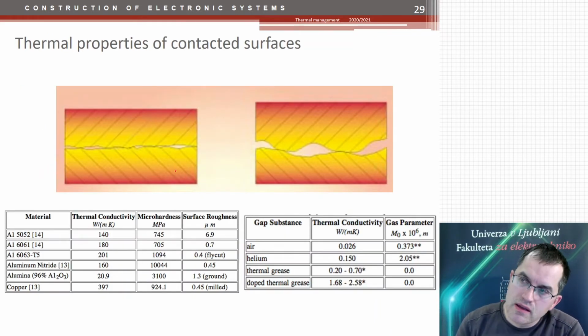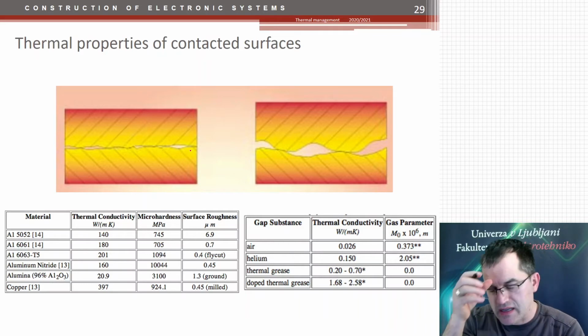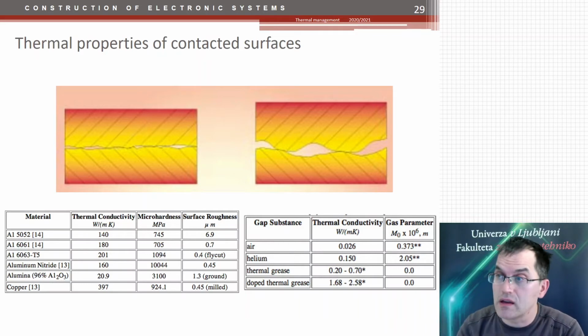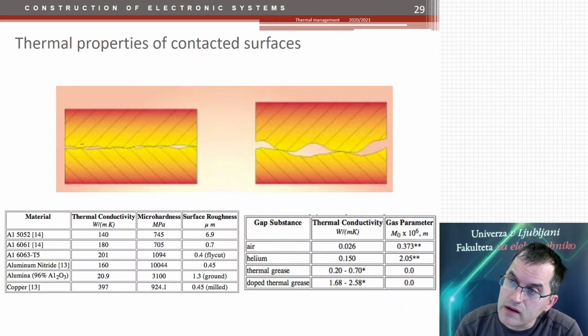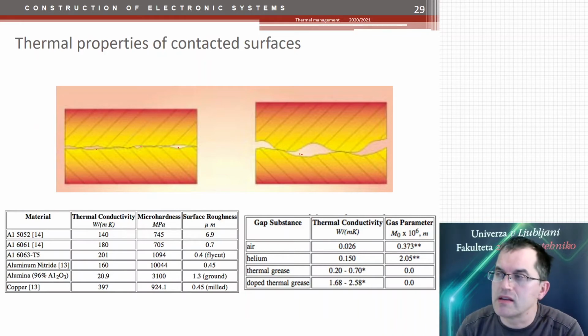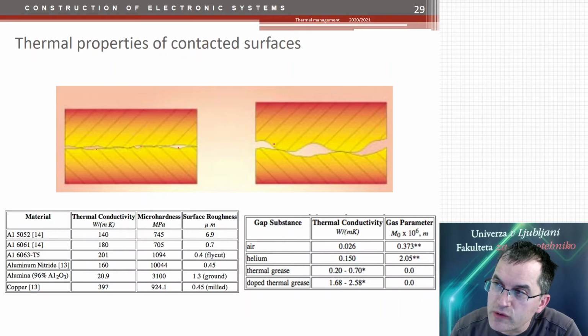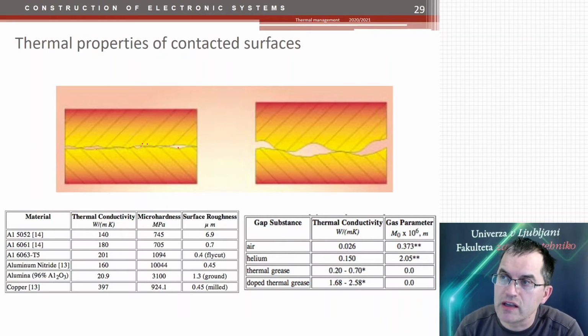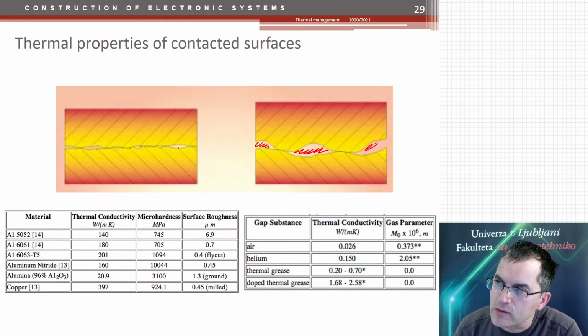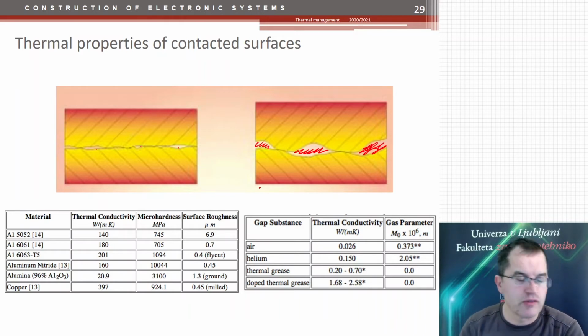This interface between heatsink and component could be different regarding its roughness, and the air which is kept between these two surfaces could be a very bad heat conductor, which means that you can really increase the conductivity of the heat between these two surfaces by adding some extra filling to get rid of the air.